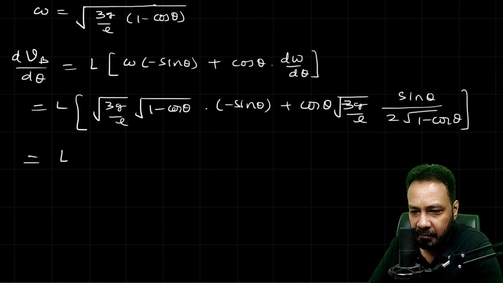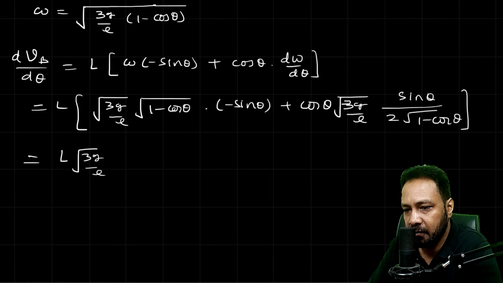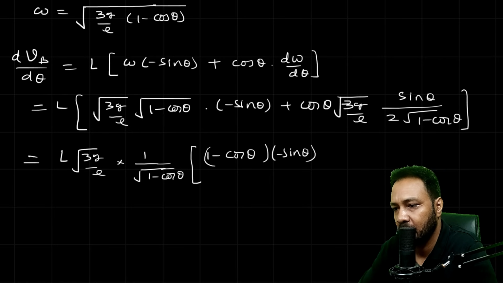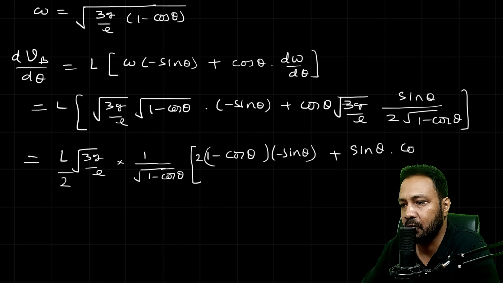I can safely take this square root of 3G by L outside, and I also want to take this square root of 1 minus cos theta outside. So if I take this outside, that will become 1 minus cos theta into minus sin theta, and that would be here sine theta, or in fact if I take 2 here, so 2 will come here, sine theta into cos theta.